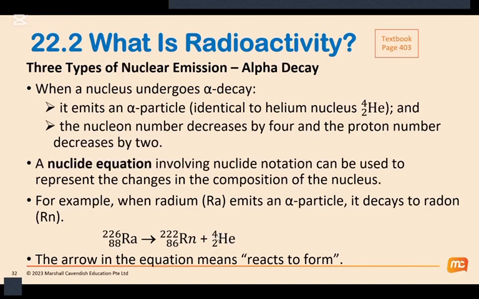It's fine. Since this side I have 2 already, in order to make 88, this side will be 86 for the proton number of radon, and the nucleon number, this side already 4, so I just need 222 because 222 plus 4 will give me 226. So you can see that the nucleon number and the atomic number balance on both sides of the equation. That's for emissions of alpha particles.